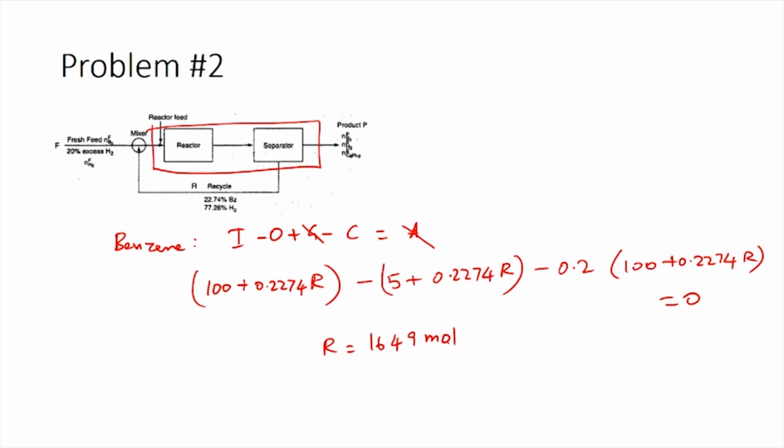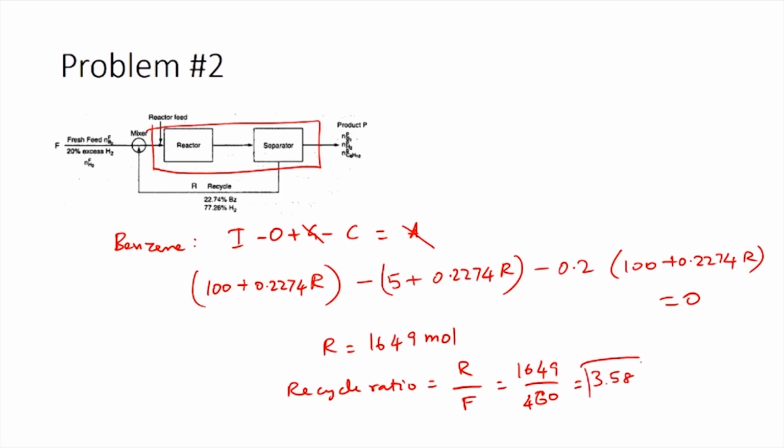Now that we have the number of moles of the recycle stream and we already know the number of moles of the fresh feed, we can calculate the recycle ratio as R divided by F, which is 1649 divided by 460, giving you a value of 3.58.